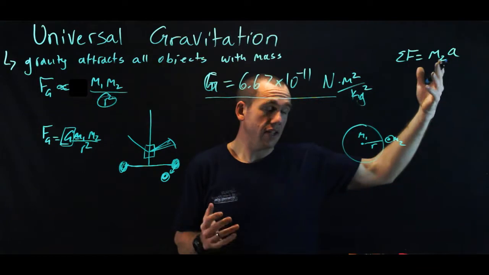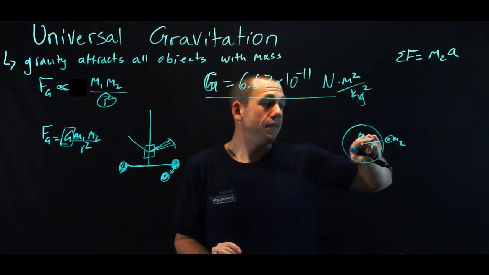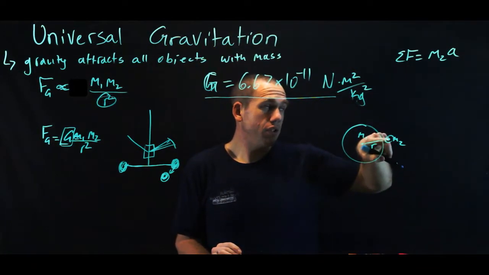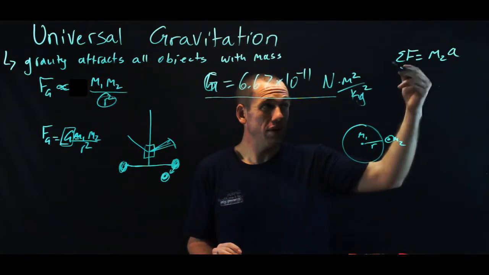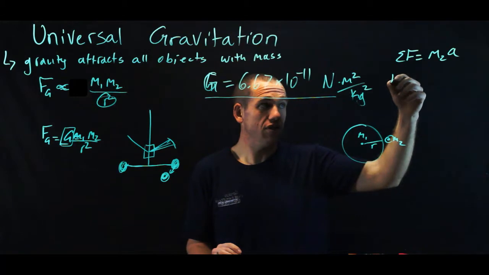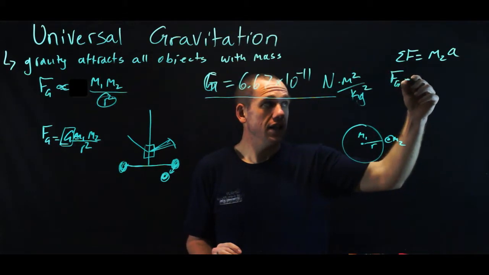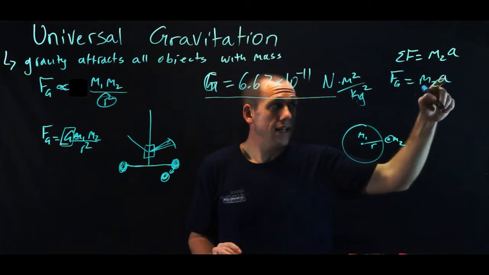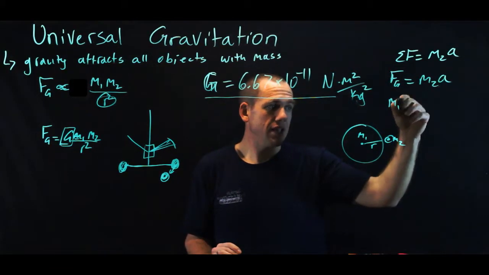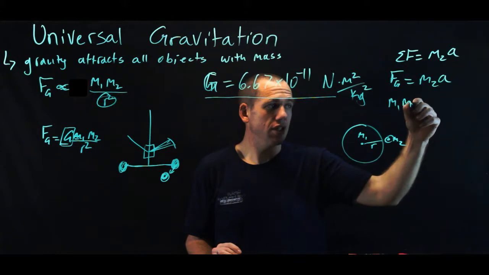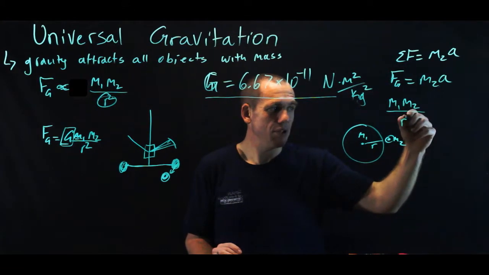That's Newton's second law. Now, if that net force is only the force due to gravity because it's in free fall towards Earth, then we can also say that that net force is the force due to gravity, which is Fg. So we have Fg equals m2a, but that means Fg is G times the mass of the Earth, mass of object 1, times the mass of object 2, divided by the distance between them squared.